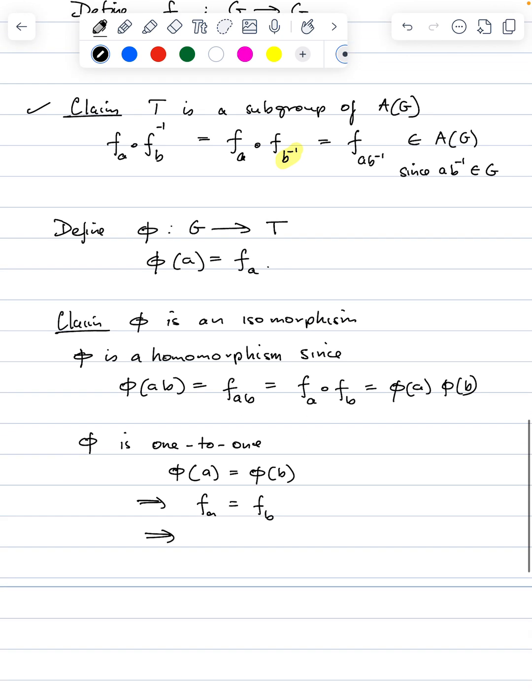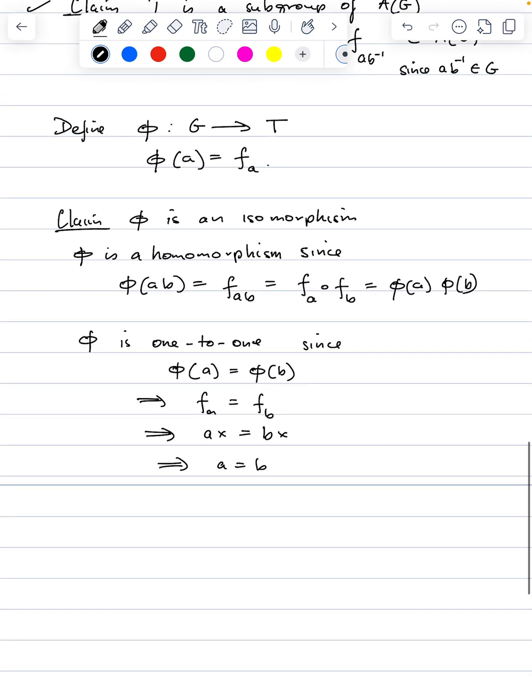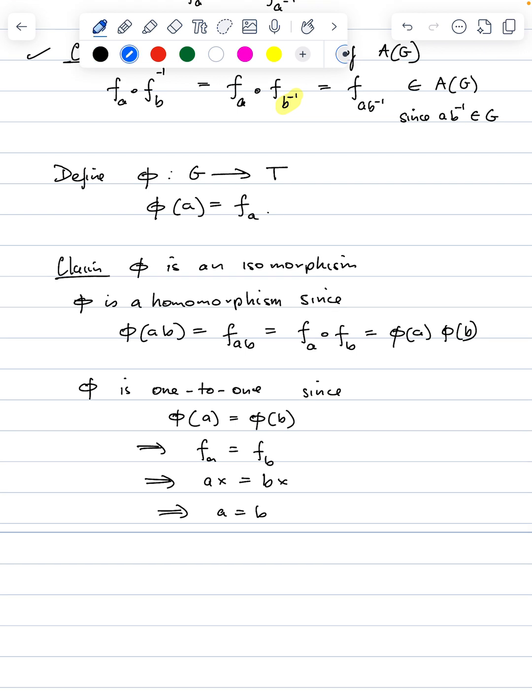That implies AX is equal to BX, which gives A is equal to B. That takes care of one-to-one, and onto is immediate, because for every F_A, there exists A such that phi of A equals F_A.